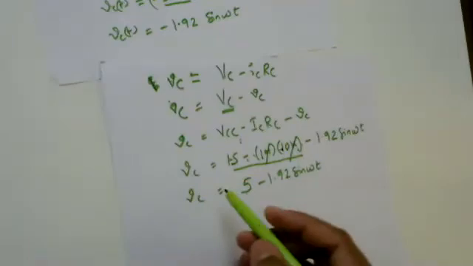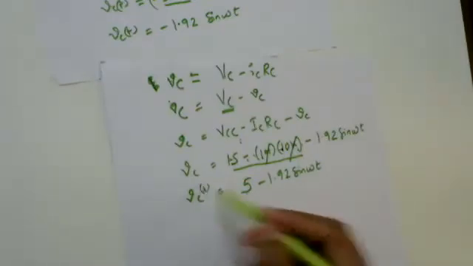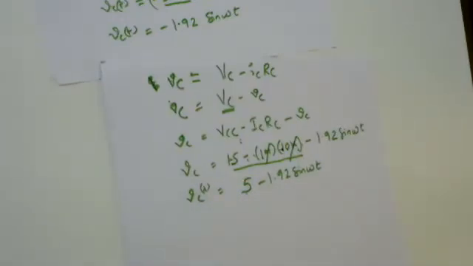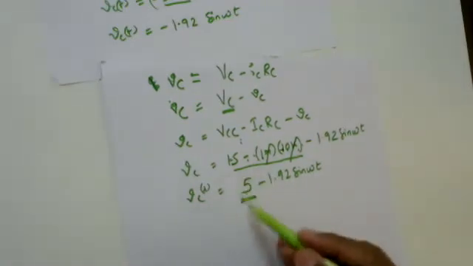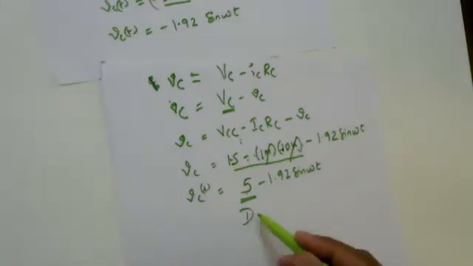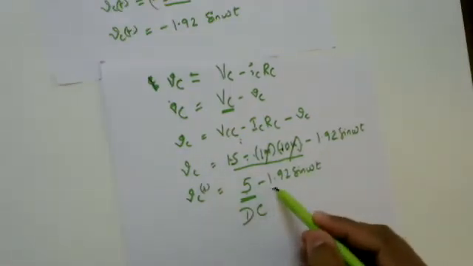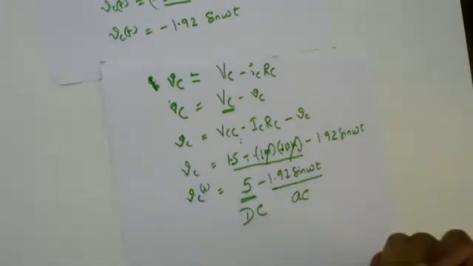So this is the equation for Vc of t. The important part you people should understand over here is, this first term 5 is representing a DC term, and this term is representing an AC term.